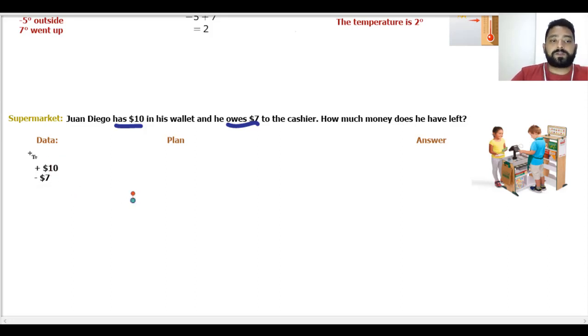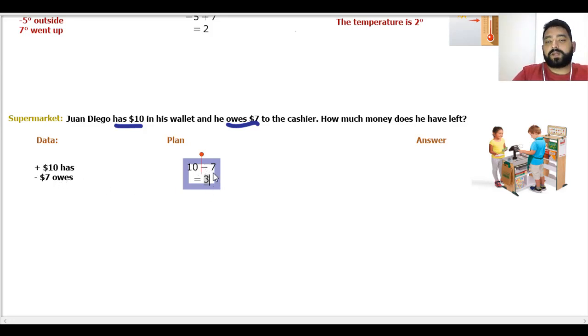Then with these two numbers, you have to create your plan. With positive 10 and negative 7, we have 10 minus 7.